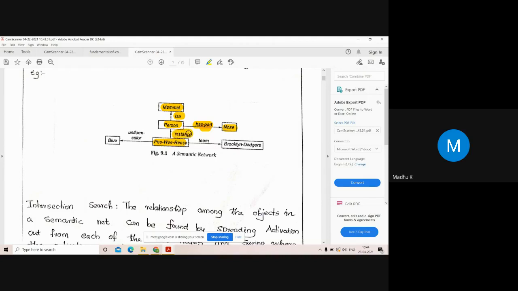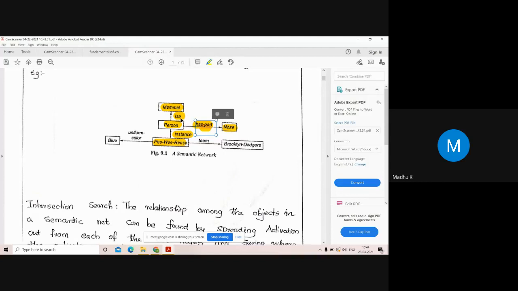It is an instance relation. Okay, it is an instance relation. So you can note is-a, has-part, instance. These are the three types of relations we are using in the semantic network.